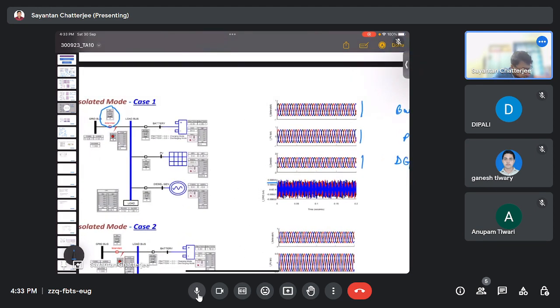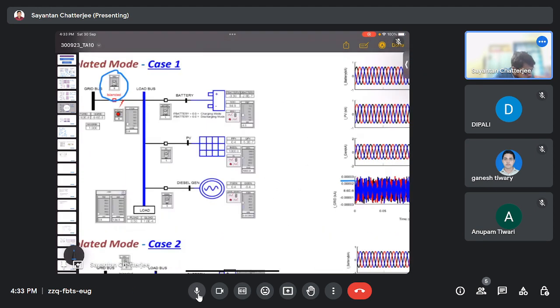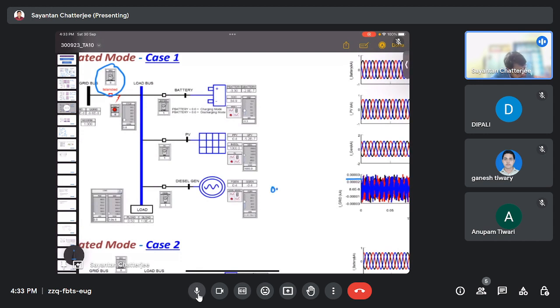Here the diesel generator is 0.4, PV is 0.4, and the battery is charging, so this is minus, and the load is also 0.5 minus. So the entire overall system is balanced.